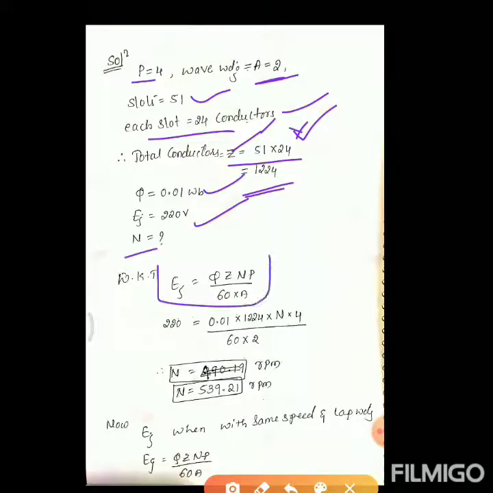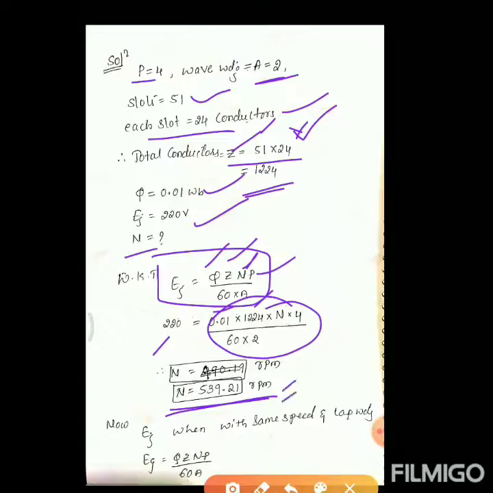Since we know the formula E = φZNP/60A, φ you know, Z you know, P you know, 60 and A you know, and E also. Substitute all the values and N comes to 539.21. Just calculate once and check.